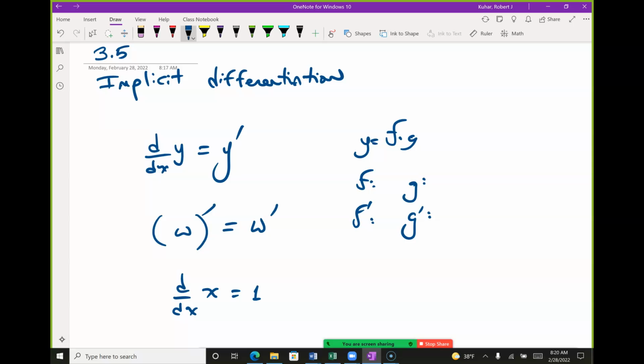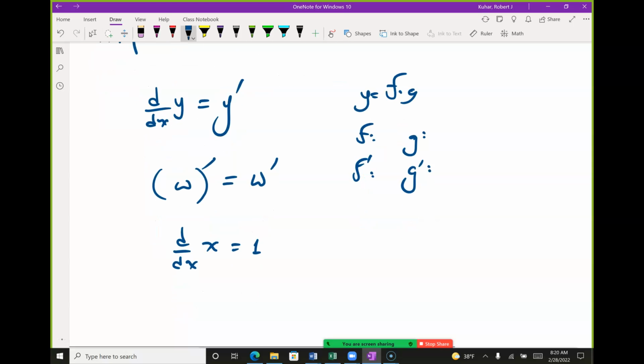All of these things mean the derivative. And notice I'm always taking the derivative with respect to x. That's going to change in chapter 4, okay? But right now, we're always taking the derivative with respect to x. Sometimes the book will do with respect to t, but the variables are t. Sometimes the book will do with respect to theta, but the variables are theta. I usually change everything to x, just so it's a little bit less confusing at this point.